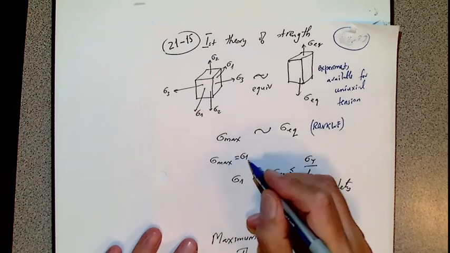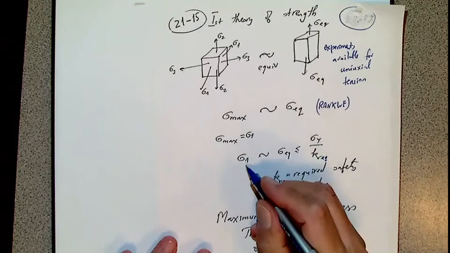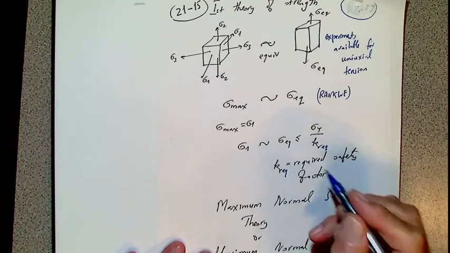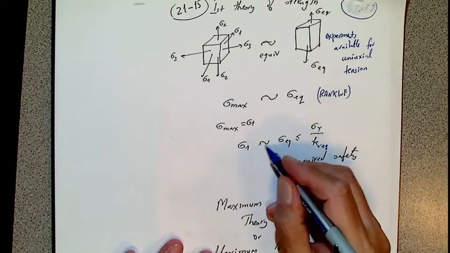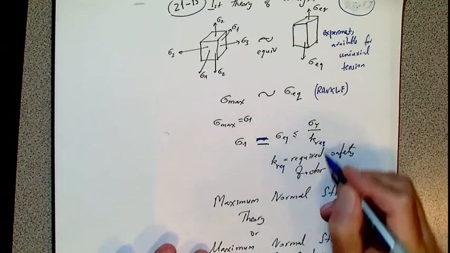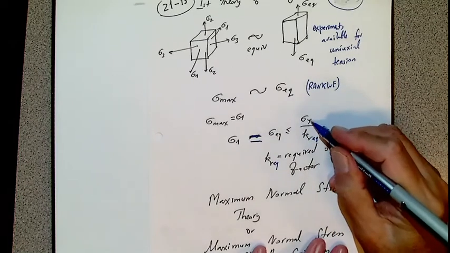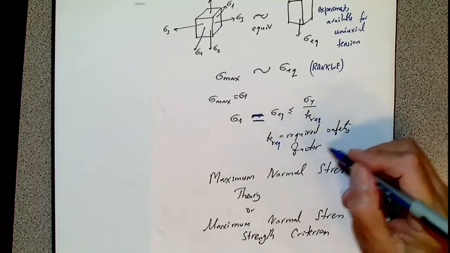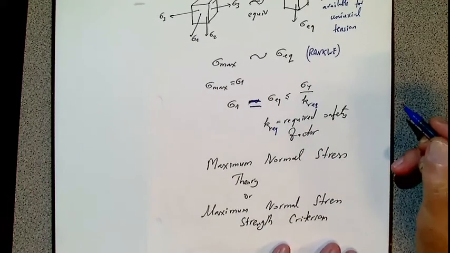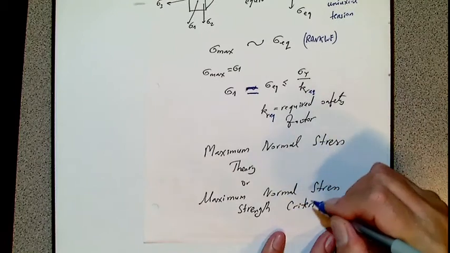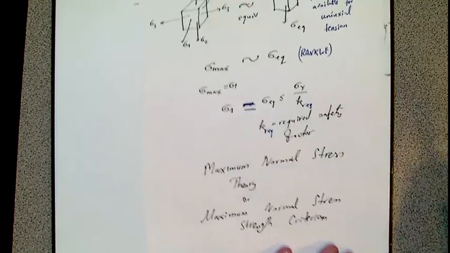So sigma maximum equals sigma 1. So sigma 1 equals sigma equivalent, and then equals sigma y divided by k required. K required is the required safety factor. It is called maximum normal stress theory, or maximum normal stress strength criterion.